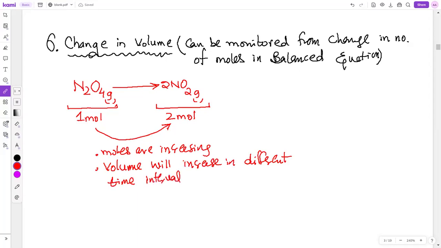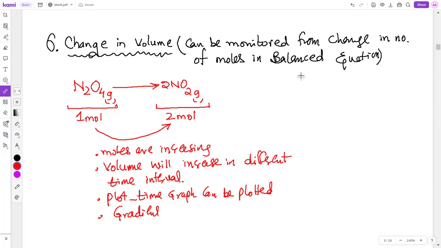The volume time graph can be plotted, and the gradient on that graph will be the rate. Got the idea? Yes, sir.